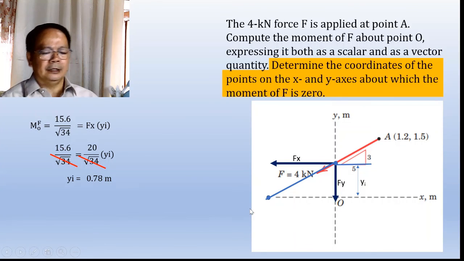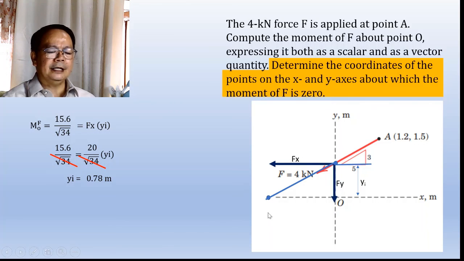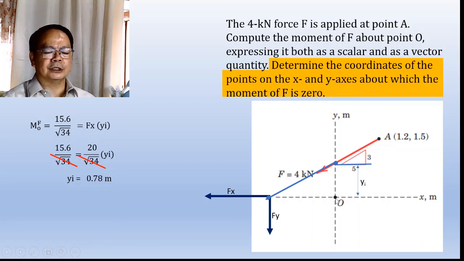Subukan naman nating i-resolve itong F at this point na kung saan nag-cross ang force sa x-axis. Okay? So, mapapansin natin na yung F sub x will have no moment because it will just pass through O. The moment arm is 0. While F sub y will have a moment arm equal to x sub I, which is what we are looking for.